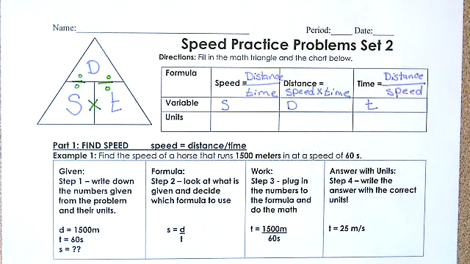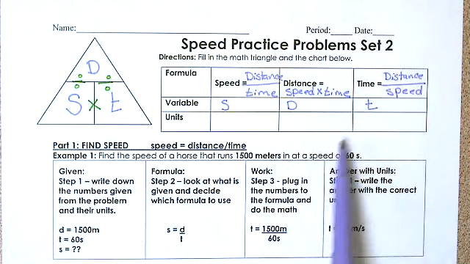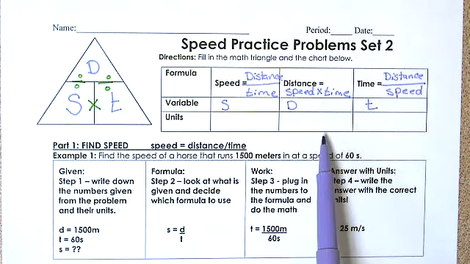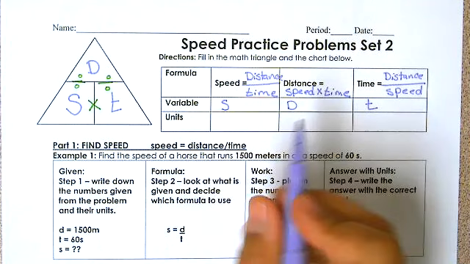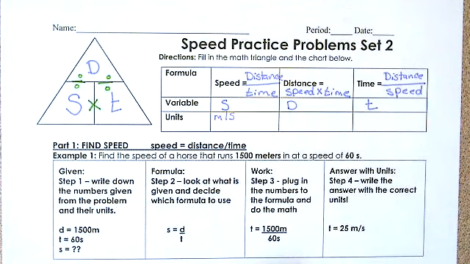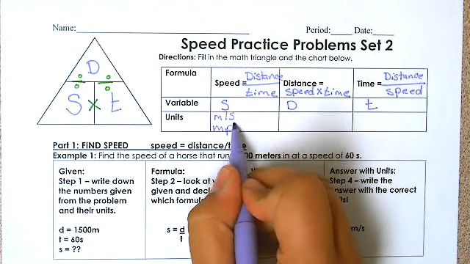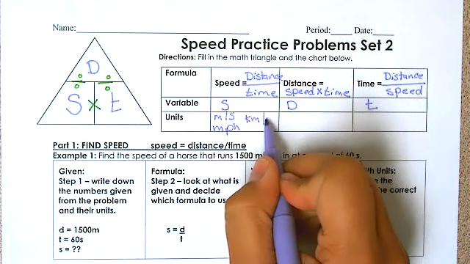Okay, so to help us in our word problems recognize the different variables here, we need to know our units. Speed can be in meters per second, miles per hour, or even kilometers per hour.